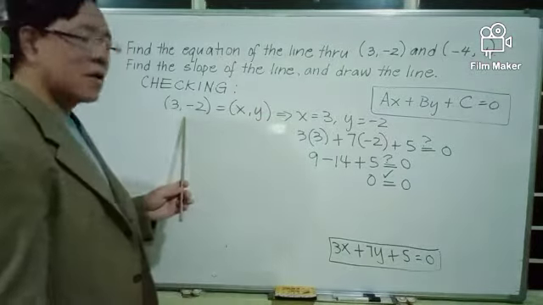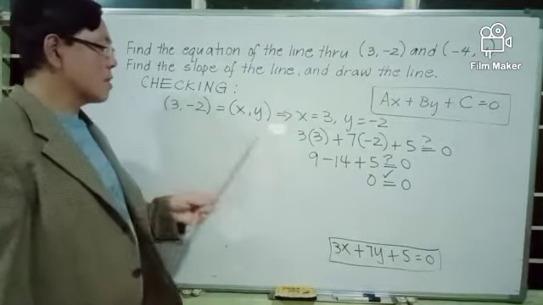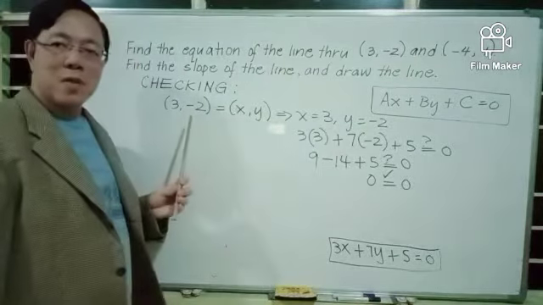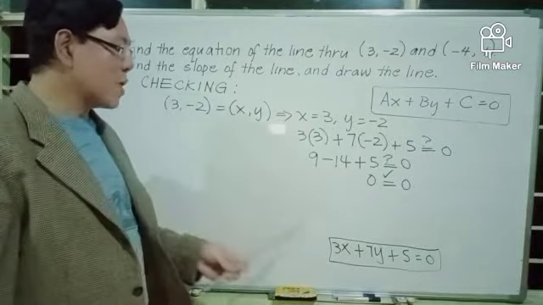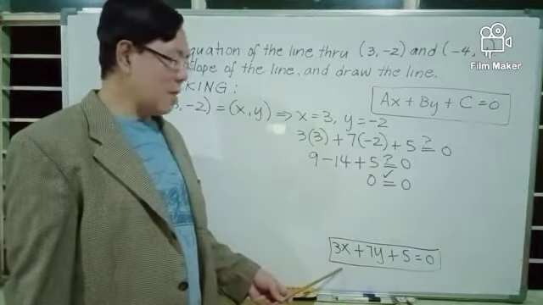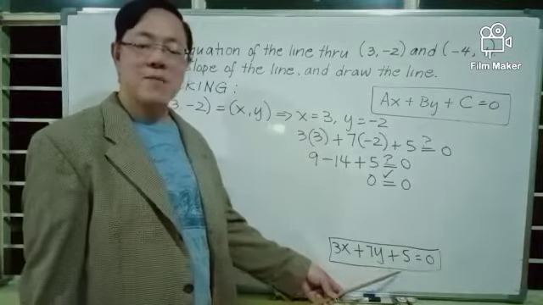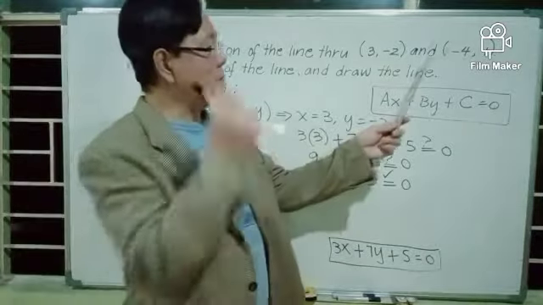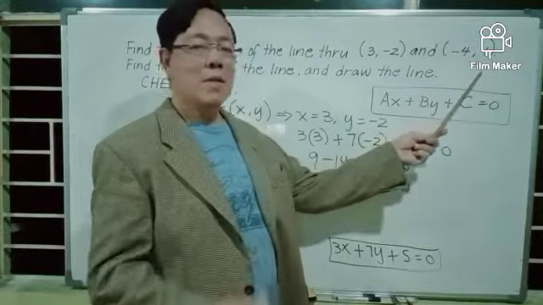Thus, the coordinates of this point satisfy the equation of the line. We conclude therefore that this point is really on the line with this equation, 3x plus 7y plus 5 equals 0. Now we do the same for the second point, negative 4, 1.